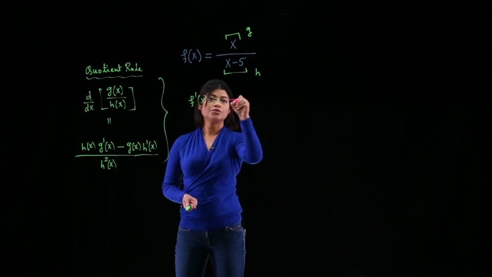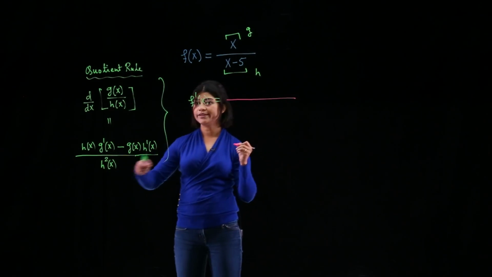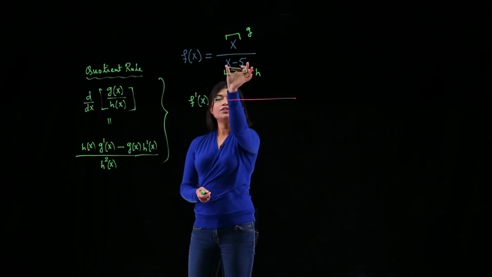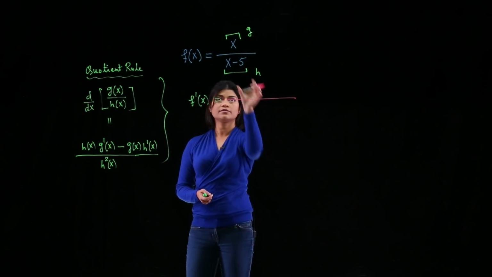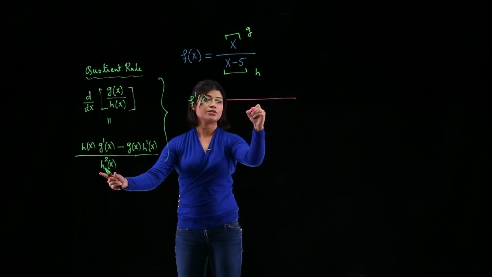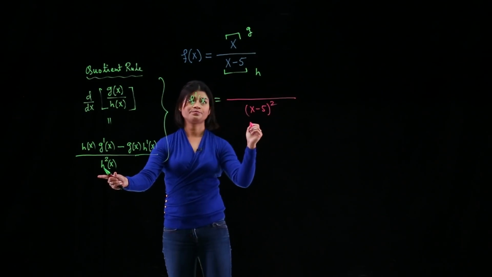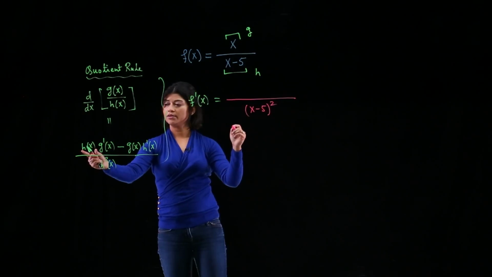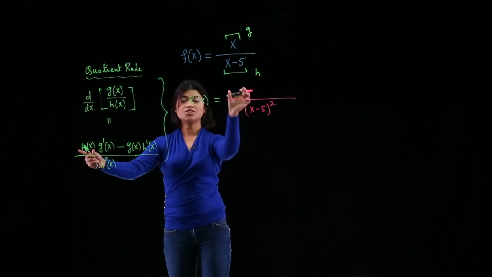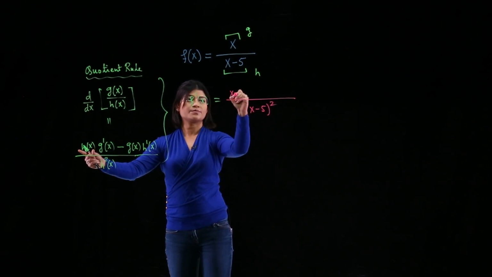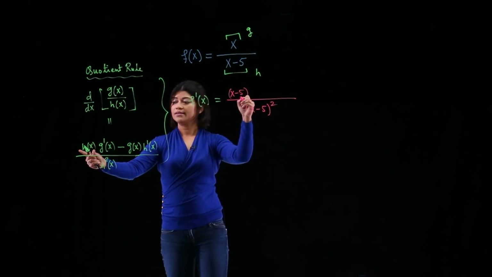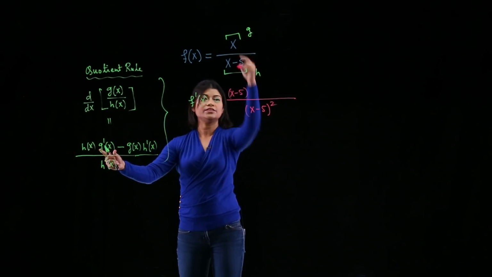Well, we are going to apply the quotient rule right here. So remember, the denominator gets squared, right? h squared. So you take x minus 5 and square it in the denominator. Next, in the numerator, you write down h as it is, x minus 5, and take the derivative of g.